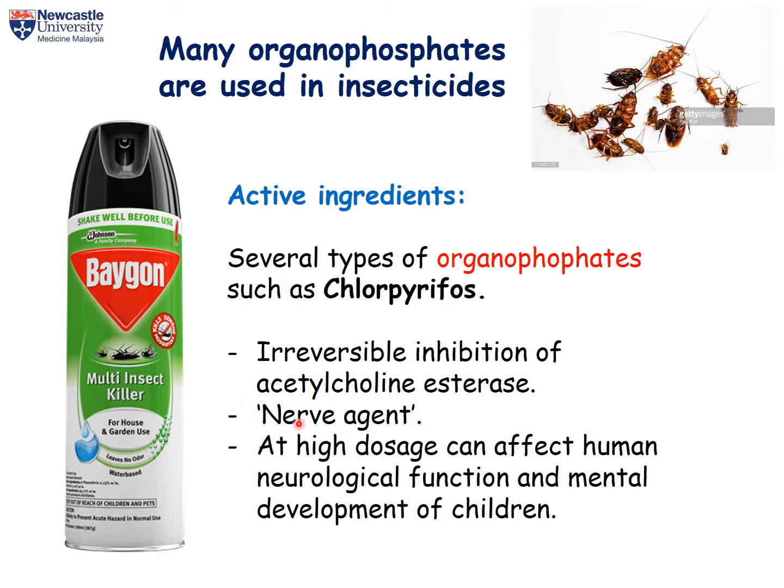These are actually nerve agents for the insects, but they operate at a much lower toxicity. But at high dosage, these organophosphates can affect human neurological function or even the mental development of children. So we better be careful when we use these insecticides when there are children around.